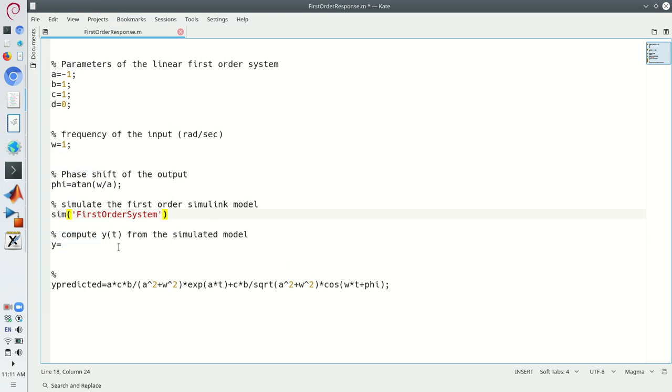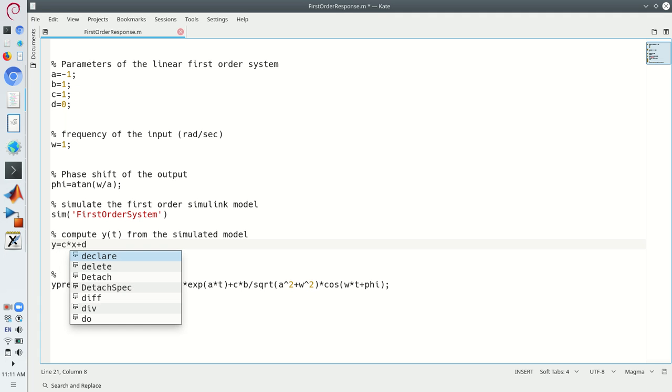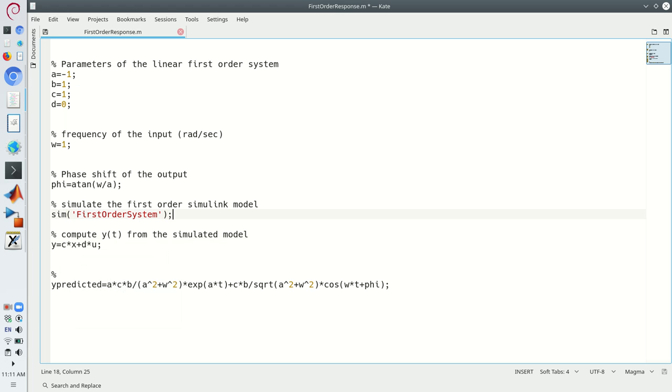So we compute this in a very simple way. U is 0, but just to be precise, I'm going to add this term Du here. Cx would have been enough. So this is the y as it comes out from the model, because x comes out from the simulation.